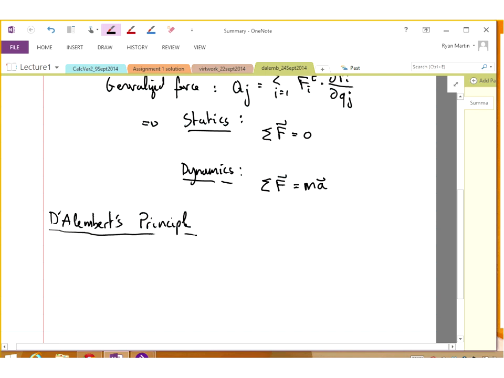D'Alembert's principle starts off, let's pretend there's only one force for now, with Newton's second law in the dynamics case. The whole point of using D'Alembert's principle is to now address dynamics, so when stuff is moving because of forces.